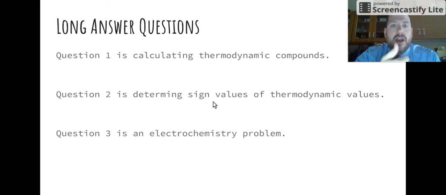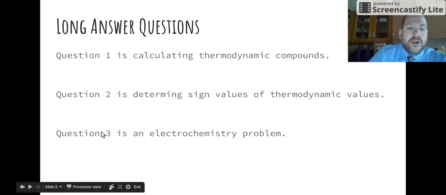When I say cell, I mean an electrochemical cell or a voltaic cell. You're going to have to label the parts. We did one in lecture. There's some sample problems in the classroom on Schoology, so know how to label the parts. So yeah, that's going to be the big question.